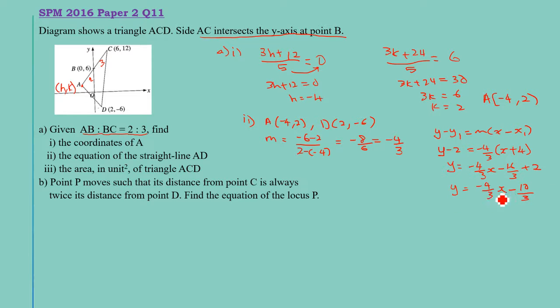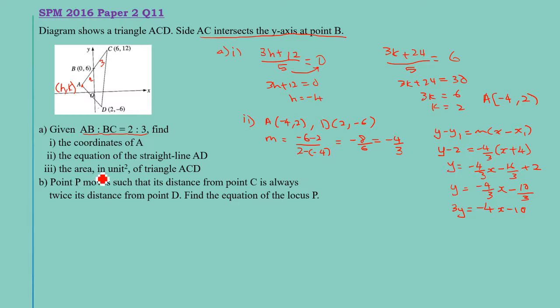Okay, this answer is accepted. If you don't want to see fractions, you multiply everything by 3. This answer is also accepted. Either this way or this way, whether you write it in fraction or in whole numbers, it's still accepted. So that's your answer for part 2.